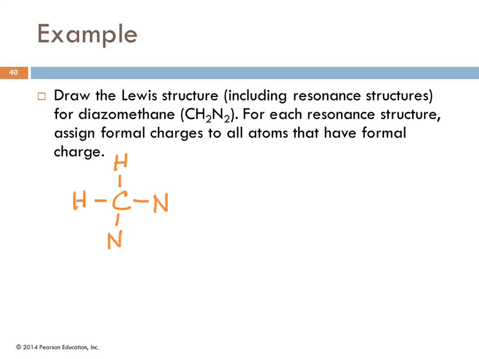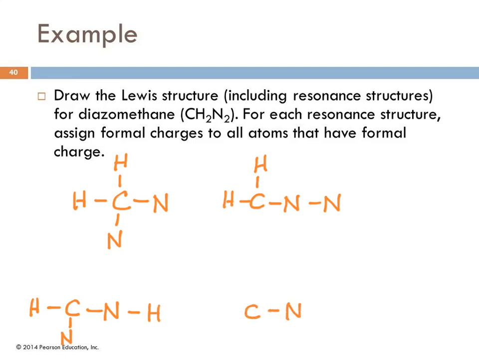We could do that. We could do something like that. Now the possibilities just become almost endless. We put the H on the end. There's CNN. You put the H here and an H here.